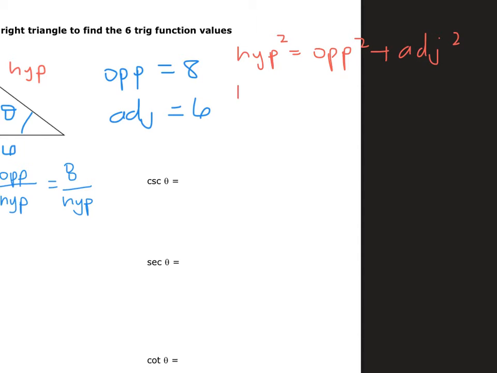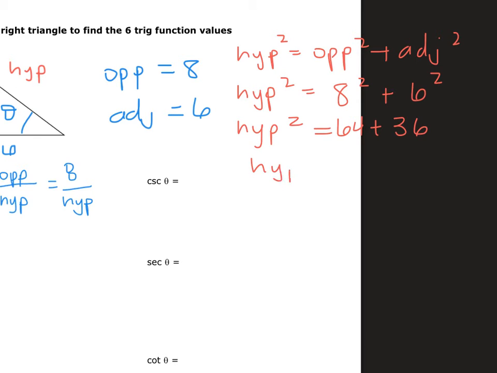So if we plug in those two things that we know, opposite side squared is going to be 8 squared, adjacent side squared is 6 squared. So the hypotenuse squared is equal to 64 plus 36. If you take the square root of both sides, hypotenuse is equal to the square root of, well, 64 plus 36 is 100. That is, square root of 100 is 10.